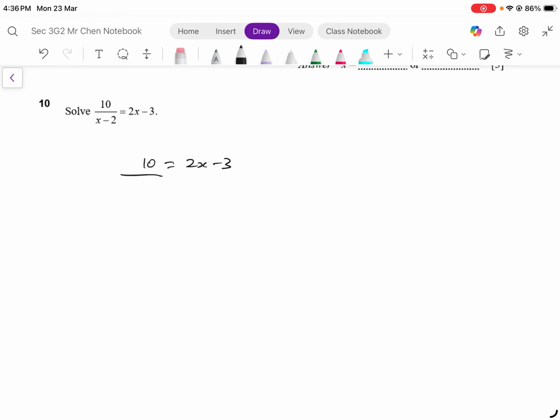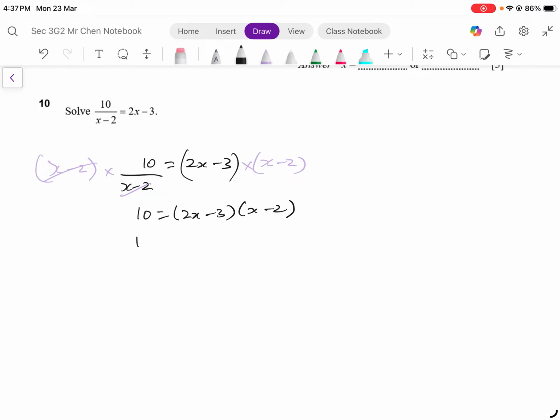If you really don't get cross multiplication, just multiply both sides by x minus 2, because x minus 2 is the denominator. Cancel, and you get 10 equals 2x minus 3, times x minus 2.